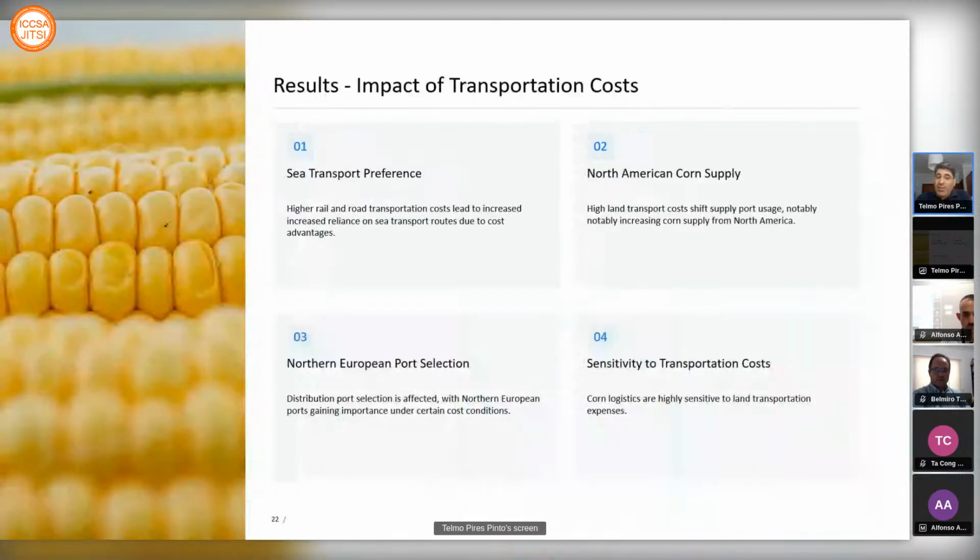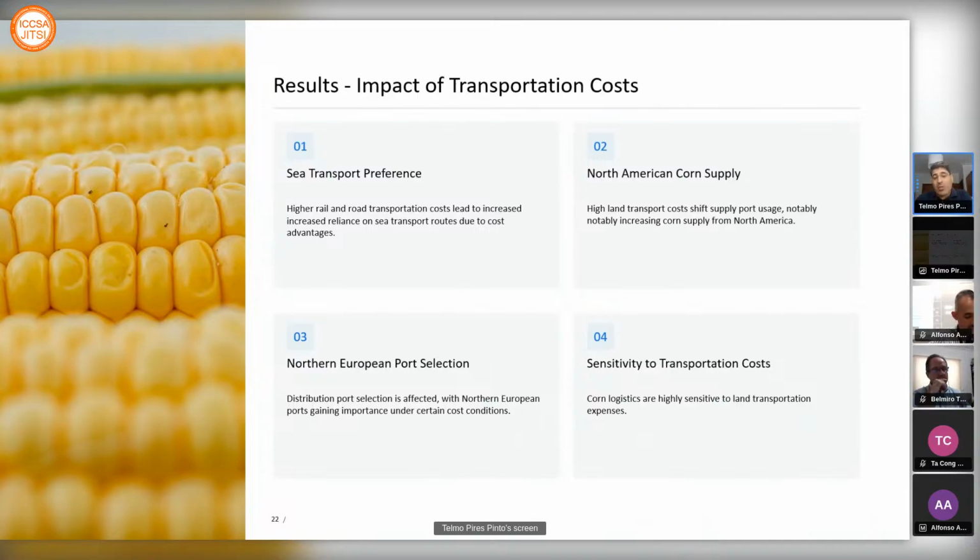In terms of key factors influencing corn transportation and supply routes, first, due to higher costs associated with rail and road transport, we can see that there is an increased preference for sea transportation routes because they offer cost advantages.